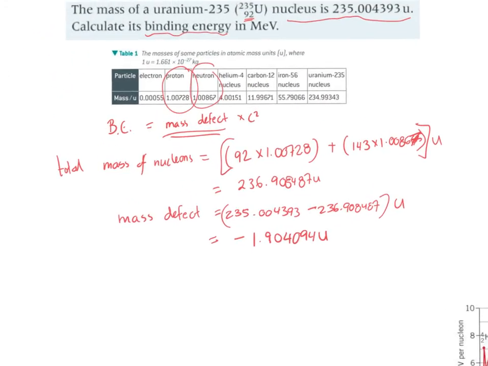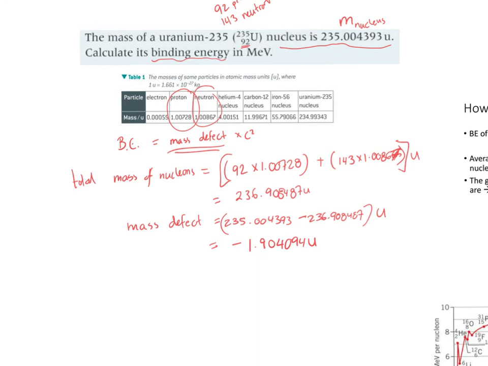So that will be 1.901494 times the atomic mass unit, which is 1.661 times 10 to the minus 27. And your mass defect comes out to be 3.16 times 10 to the minus 27 kilograms.